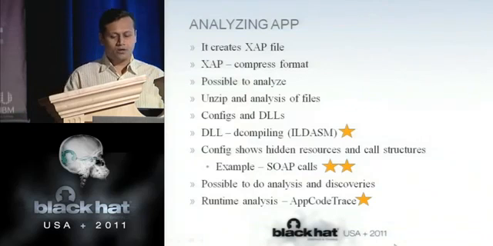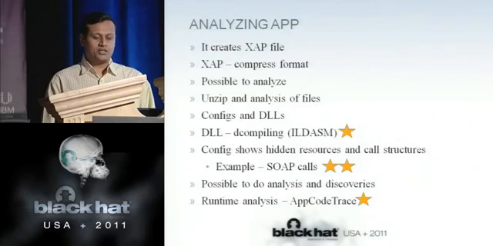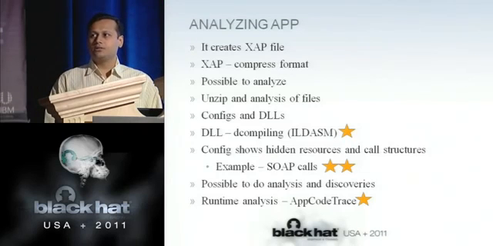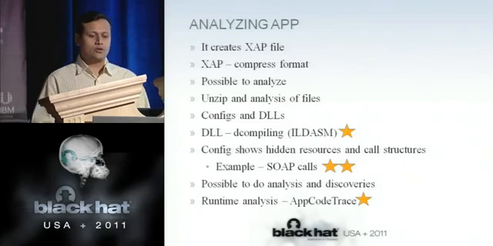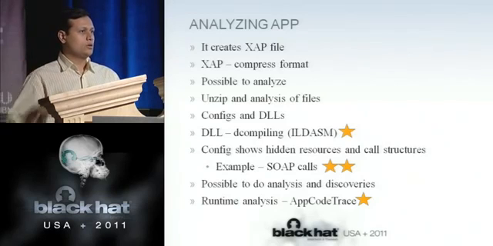So this is how you can do a runtime analysis for Silverlight or .NET using patching. We patch the actual binary and then call the binary, and the binary will show us all the different calls.